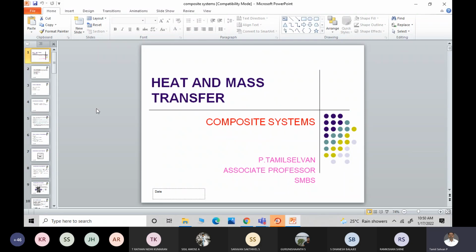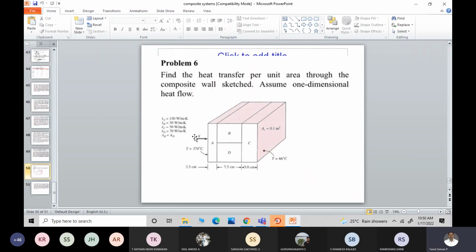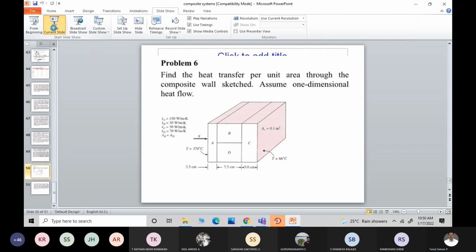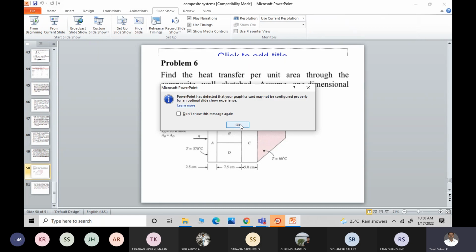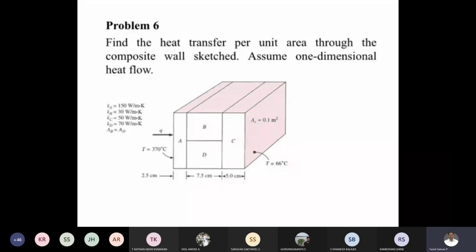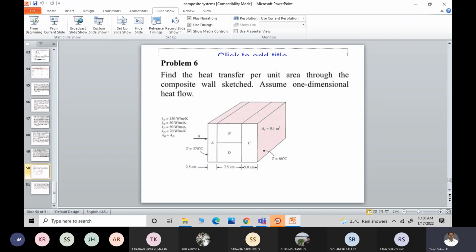Is the slide visible? Yes, sir. This is the problem I gave you last class, right? And I have uploaded the PPT in MS Teams also. Have you seen it? Yes, sir. So this is the problem. No one has solved it.